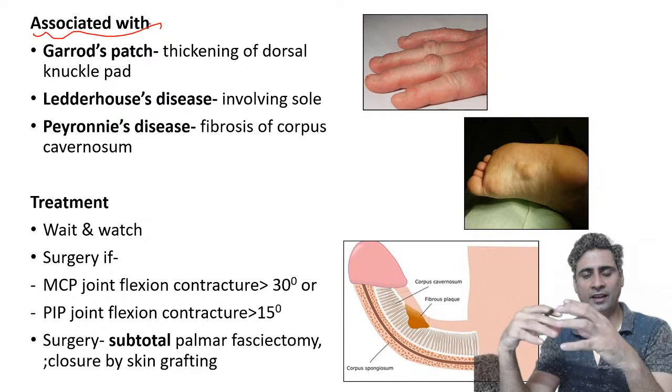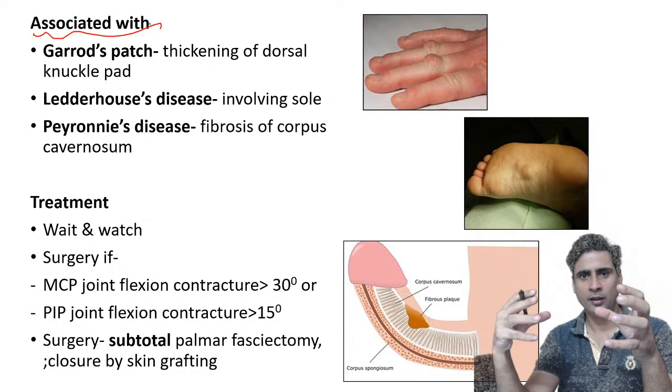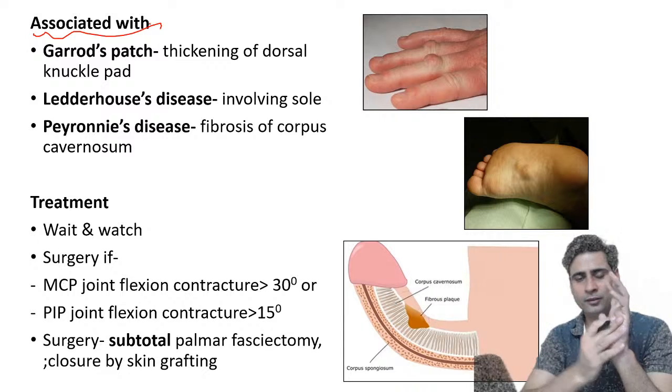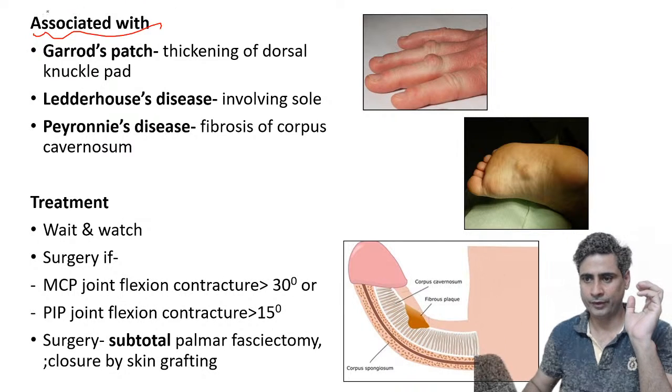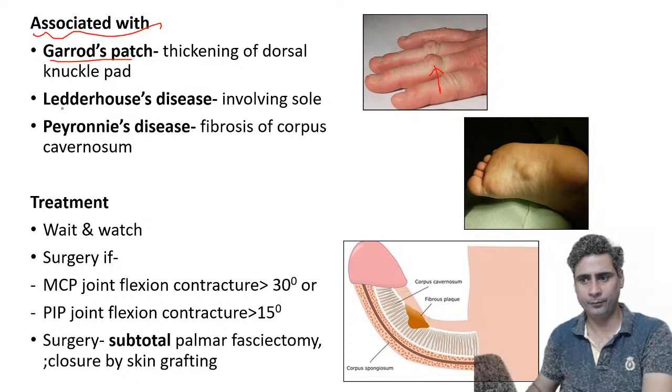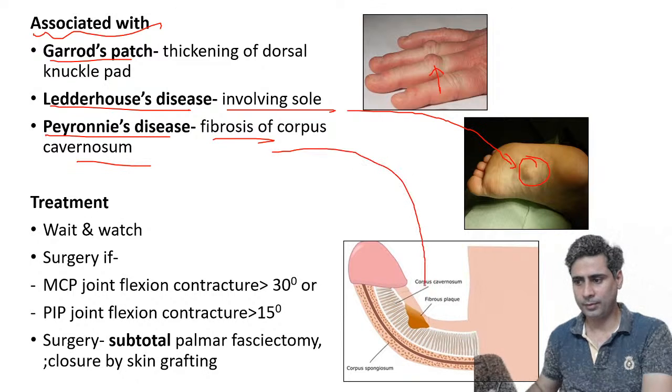Basically, there is a defect in fibroblastic, myofibroblast proliferation, so sometimes it is not restricted to the hand only. There may be other sites, like Garrod's pads, where there is fibroblastic thickening on the dorsal knuckle pad. Ledderhose disease, where you can find fibroblastic proliferation in the sole. Peyronie's disease, where there is fibrosis of the corpus cavernosum.